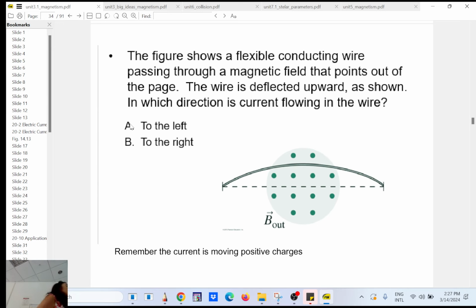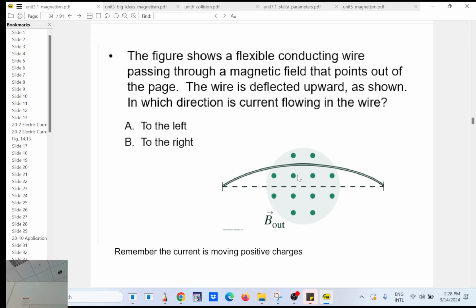Just to make sure that everyone understands, if you have a vector, you have a tail and a head. If it's into the screen, you're going to see a cross. If the vector is towards you, you're going to see a dot, because this is supposed to be pointy here.